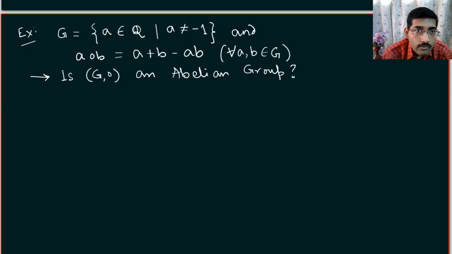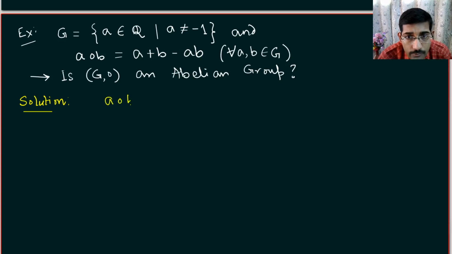The way we solve it is as follows. First of all, since A and B are rational, and these are addition, multiplication, subtraction operations, this will always produce a rational number.